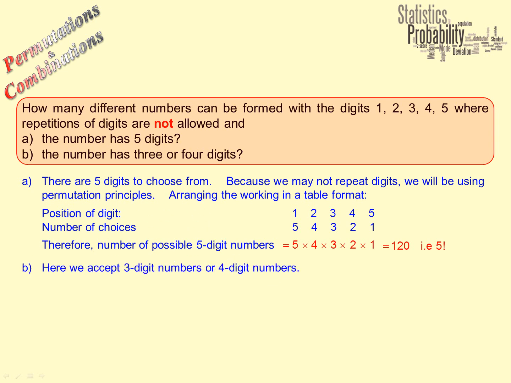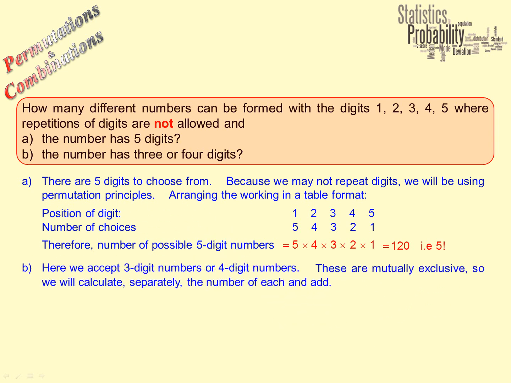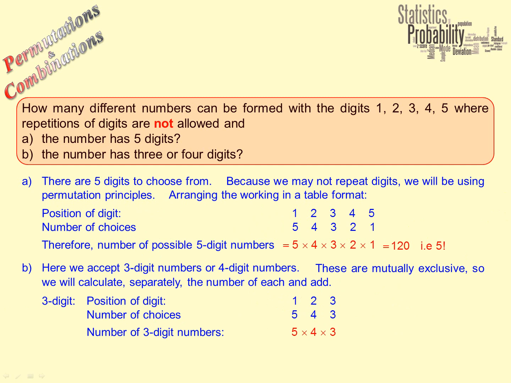Part B, let's do by mutually exclusive again. So for the 3 digit, 3 places, 5, 4, 3, we have 5 options, 4 options, 3 options, giving us 60. That's 5P3. That's permutation, 3-digit number.